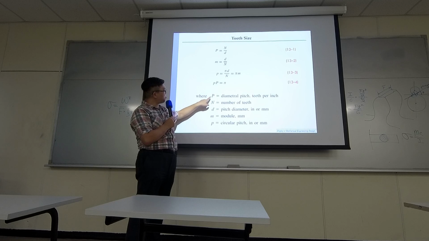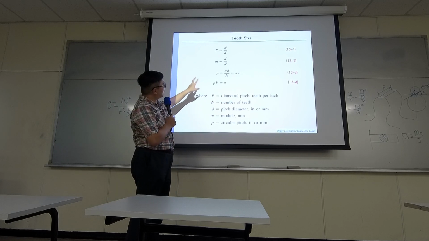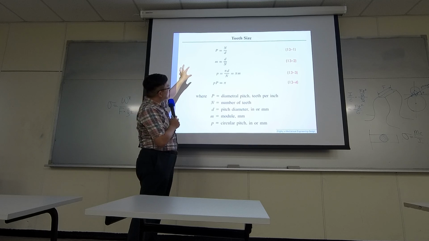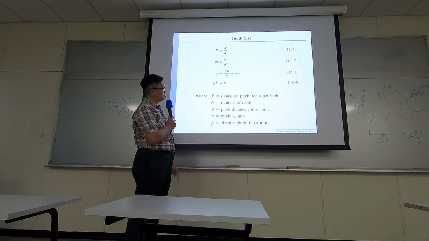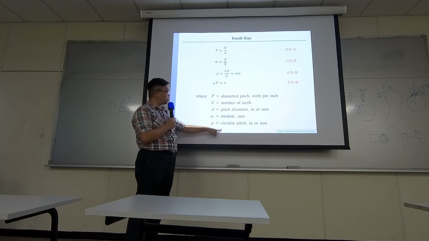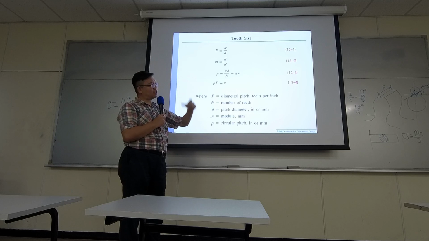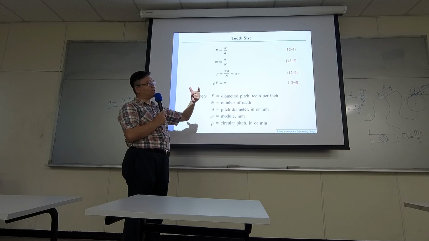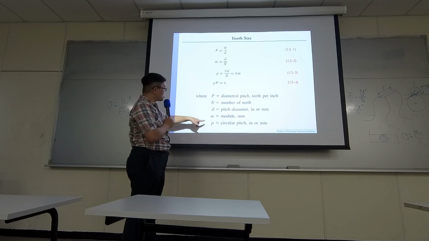Okay, so capital P is the diametral pitch. So it's the ratio of number of teeth over the diameter of the pitch circle. Small p is the circular pitch. It's a small distance that represents the distance from one tooth to the other tooth.